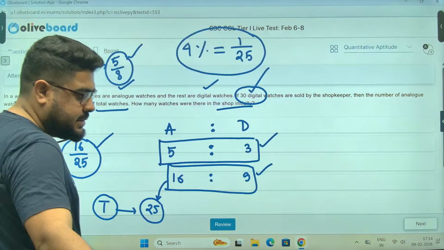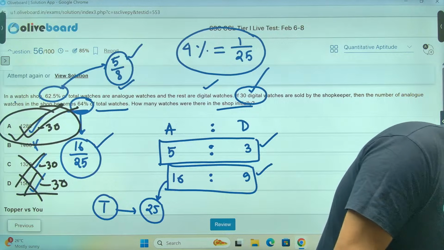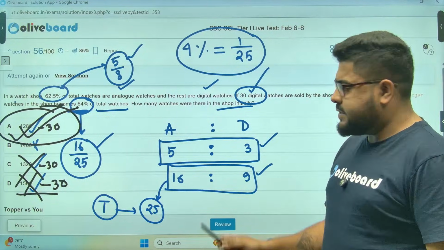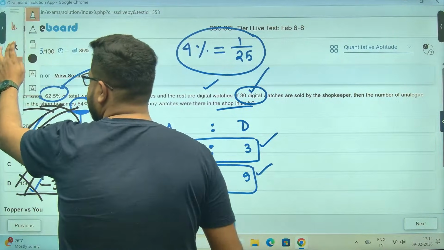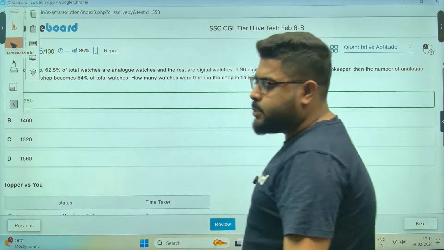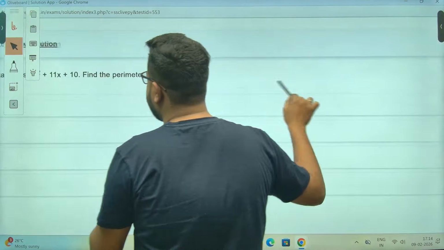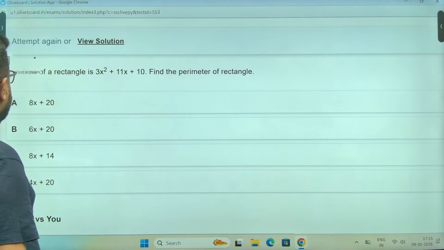That is my answer. Option 1 has to be my answer. Yes, perfect. You see, I have not done the question at all. I have just used the concept of multiples to figure out the whole thing. Clear, everyone, I hope? Chalo, next one, please.